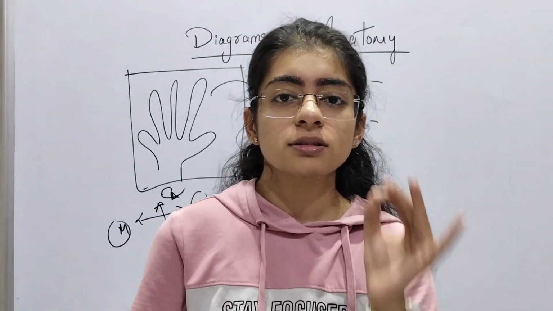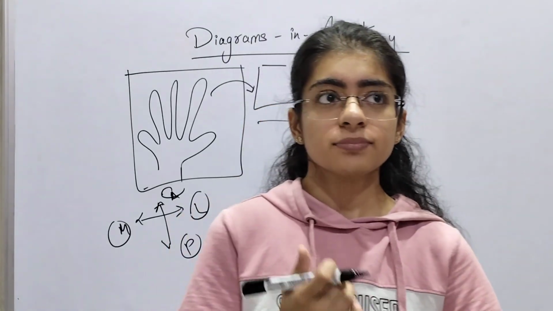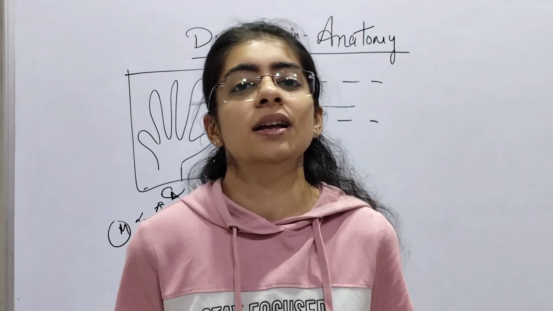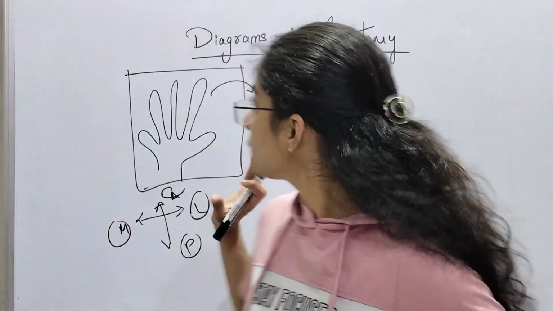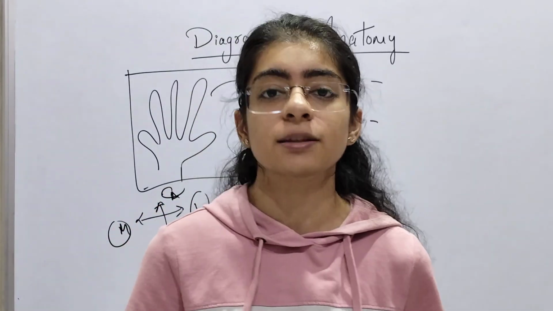So just focus at least on the boundaries of the diagram, because if it is not appealing to the eye of the examiner, obviously you will not get optimum marks, right? So this was all about how to draw the diagrams in anatomy and present them in the paper.